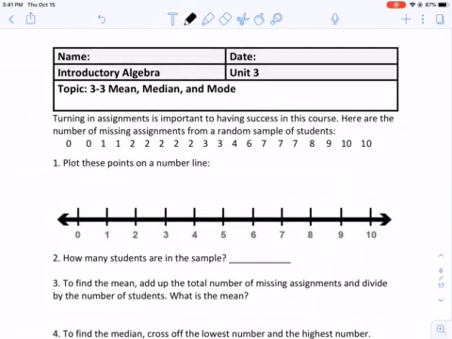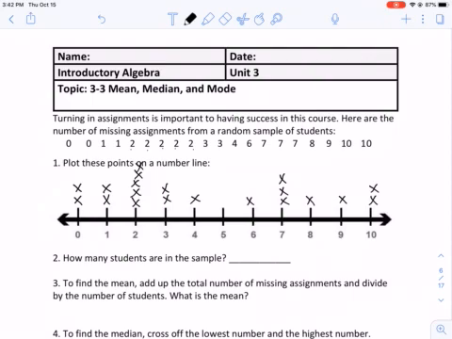So 0 shows up twice, so we're going to put 2 X's. 1 shows up twice. 2 shows up 5 times. 3 shows up twice. 4 shows up once. No 5. 1 6. 3 7s. 1 8. 1 9. And 2 10s.